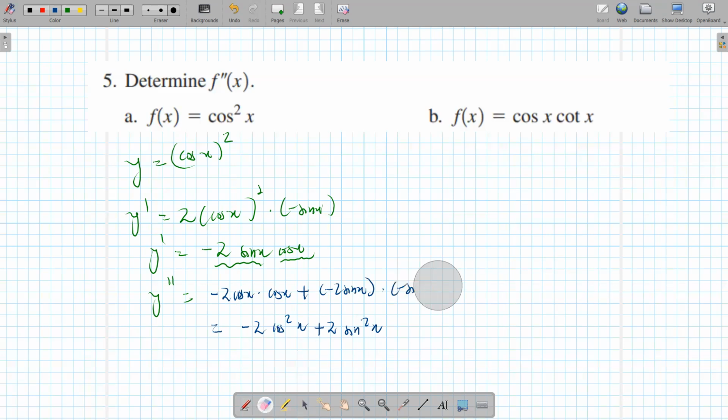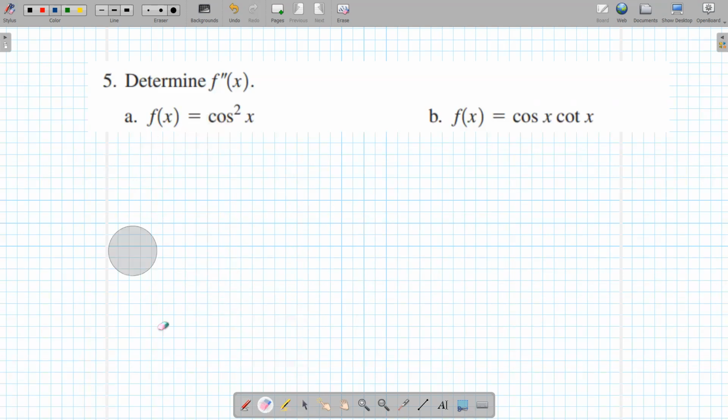B is a little bit weird because it's asking us to find the derivative. Again, it looks like it's a product rule question because you have two different functions being multiplied. But for B, you need to know a trig identity, which is this: cotangent of x is cos x over sine x.